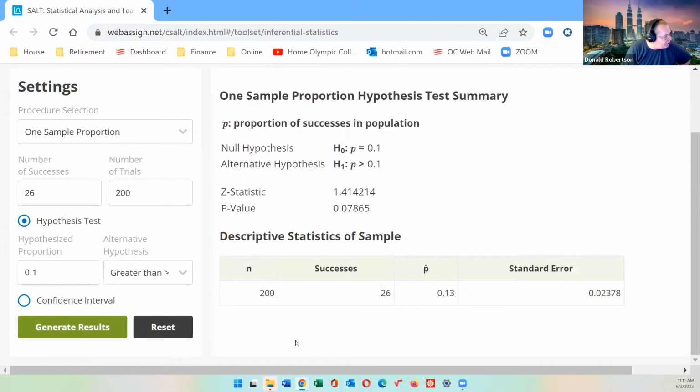So when we generate results, this is pretty much everything we need. In fact, these two numbers are more important. And out of all of them, this is the most important, because that number is going to tell us whether or not we have evidence to prove that artists are more likely to be left-handed.